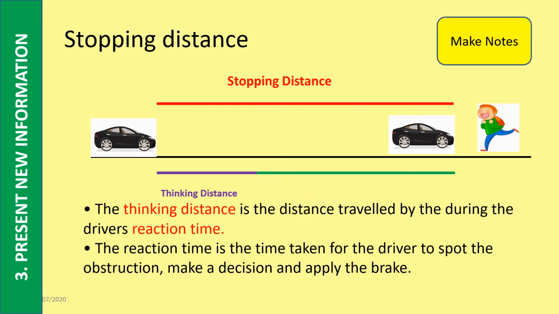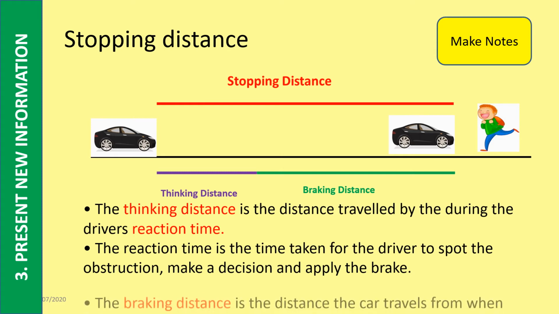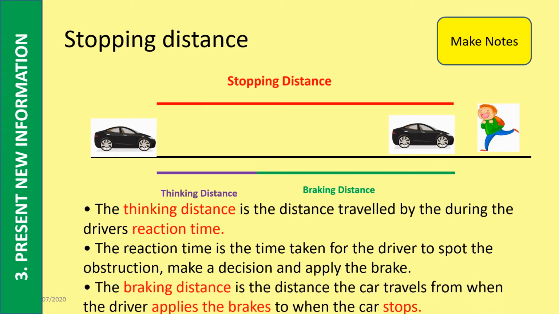Once the driver applies the brakes, again, nothing happens immediately. The vehicle has to come gradually to a stop. And the distance the vehicle covers while it's coming to a stop after the brakes have been applied is called the braking distance. This is a definition we need to learn as well. The braking distance is the distance the car travels from when the driver applies the brakes to when the car stops.